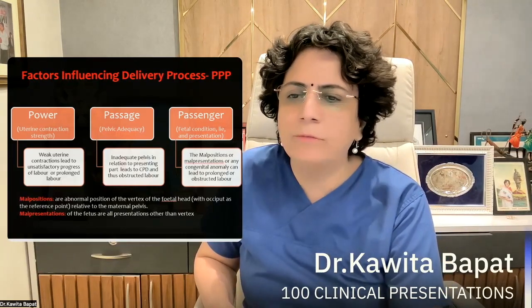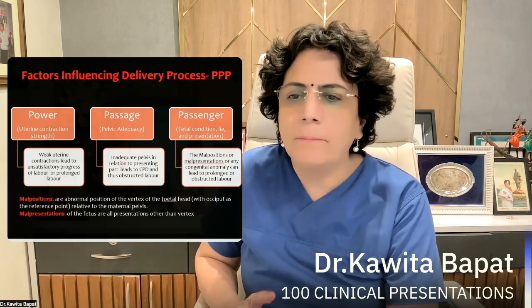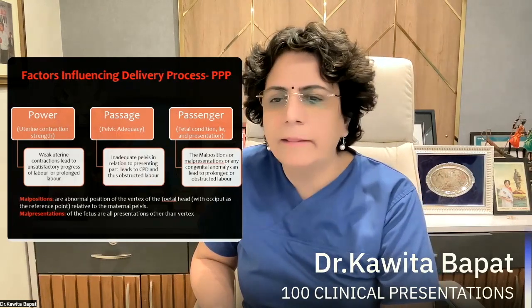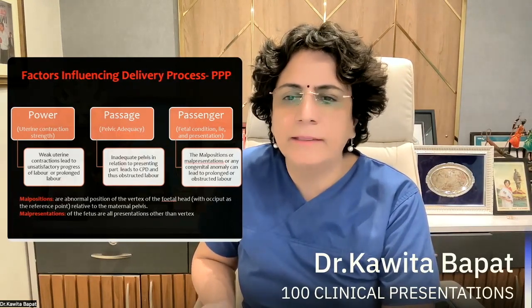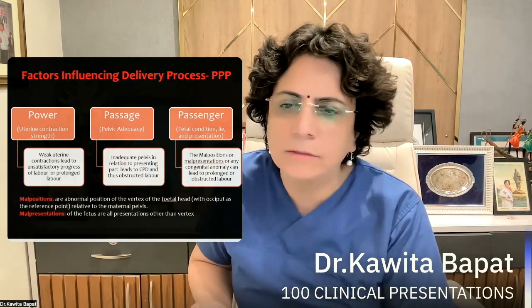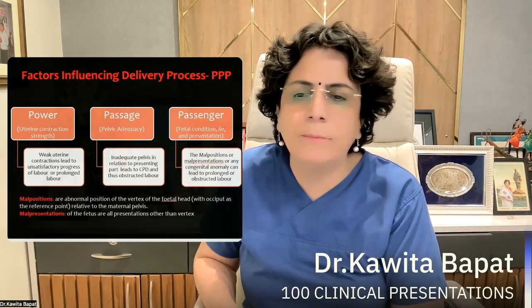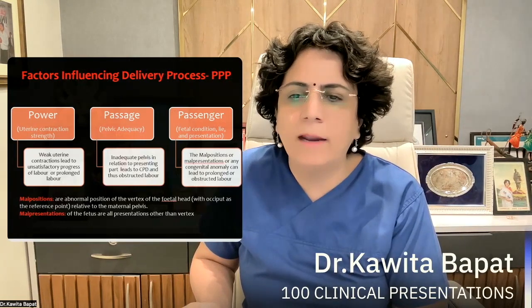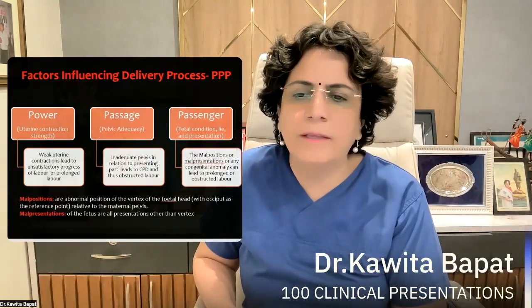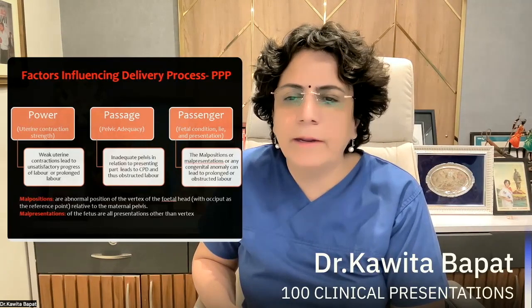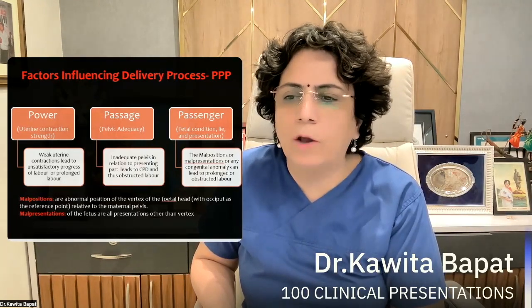An inadequate pelvis in relation to the fetal parts leads to CPD, and it can cause obstructed labor. And the passenger means the fetus. The position, condition, and presentation of the fetus are so important. Malpresentation, malposition, or any congenital anomaly can lead to prolonged labor, and ultimately to obstructed labor.